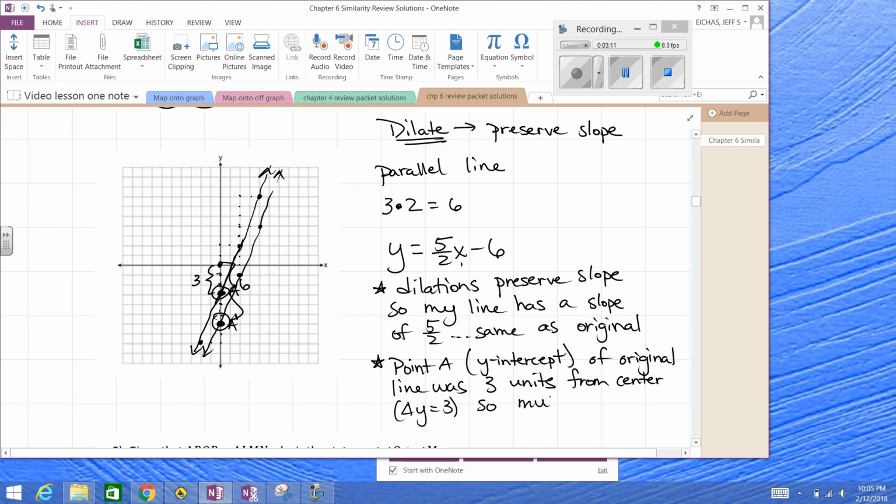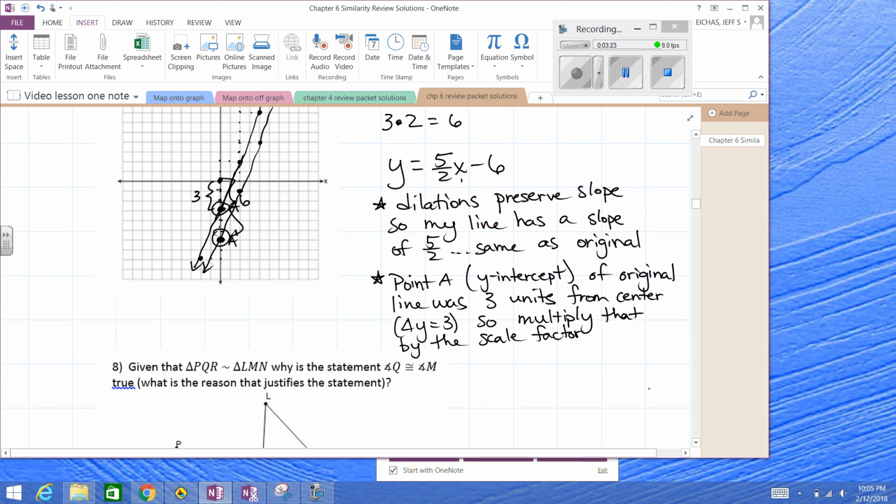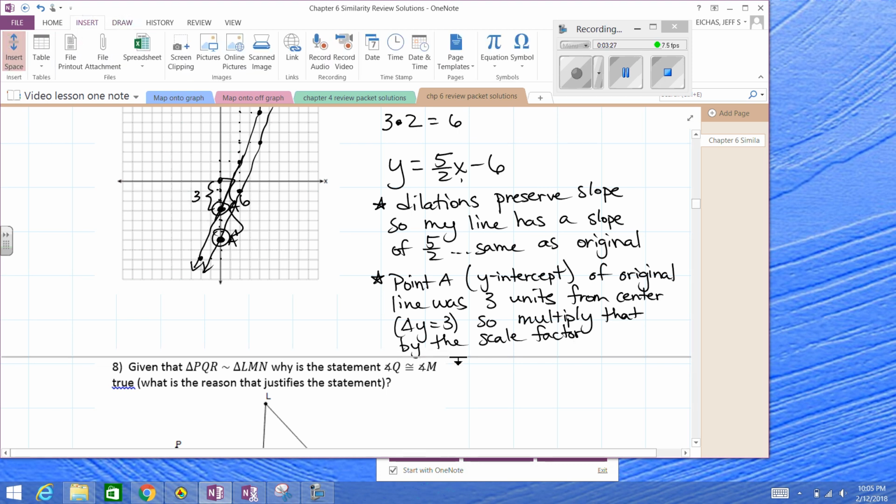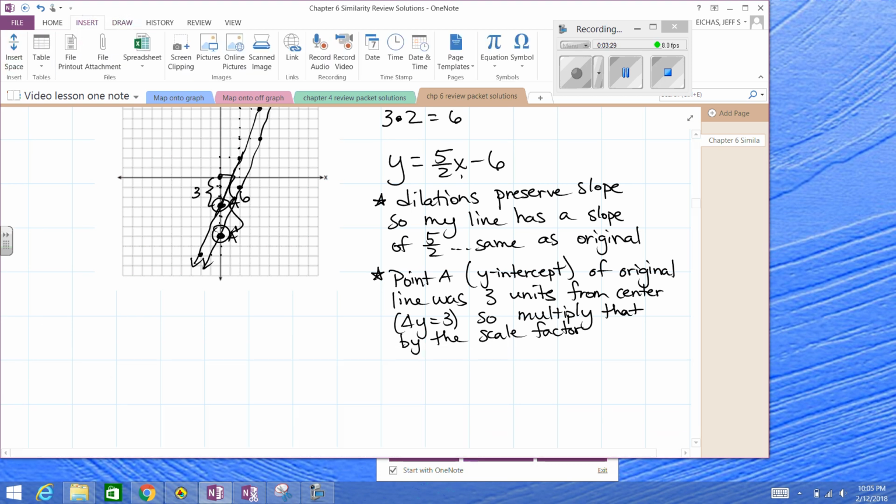So multiply that by the scale factor of 2.